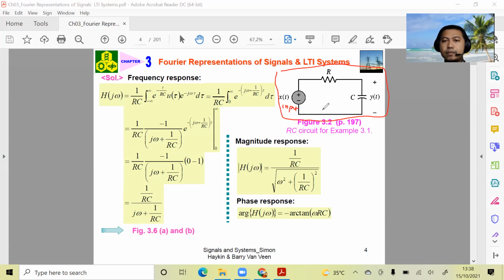This system has an output as the voltage at the capacitor. So this system has been identified as h(t), right? h(t) equals 1/RC e^(-t/RC) u(t). If we draw it in time domain, it is like this.